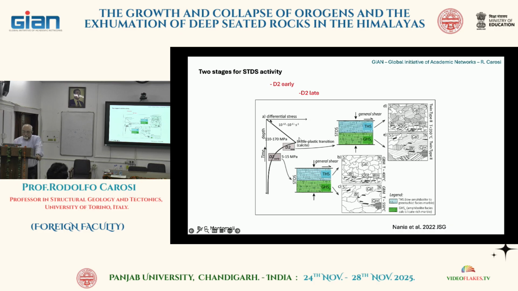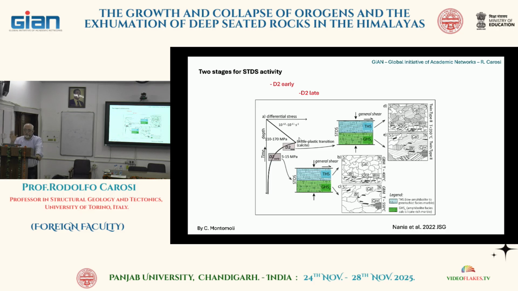Every mineral has a different position of this line. For calcite, this one is the differential stress, the amount of stress, this the depth. So you are here in a brittle condition. This is a brittle-plastic transition for calcite.